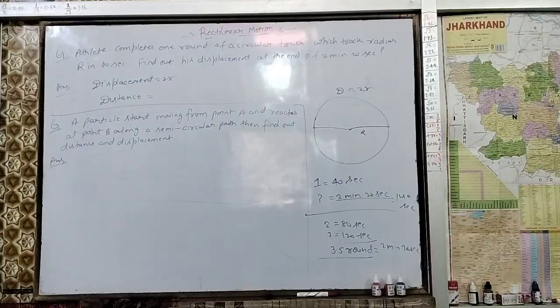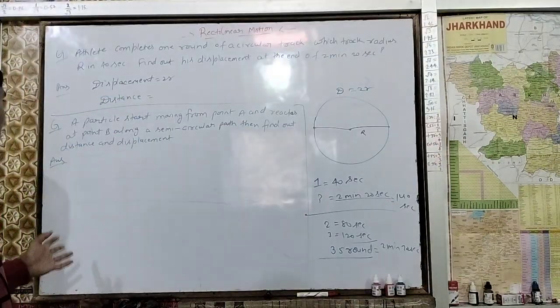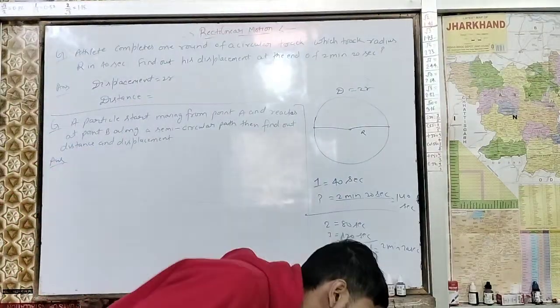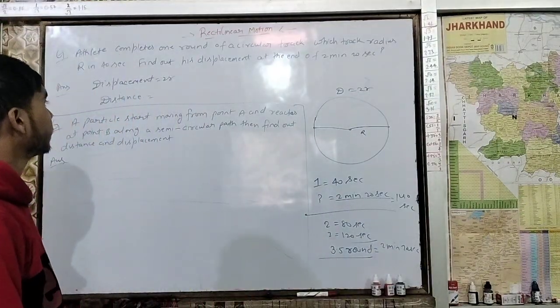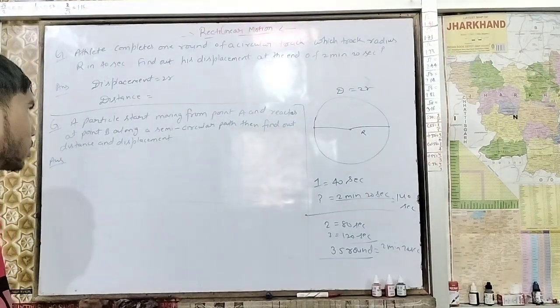Try to understand this statement. A particle. Right now we have a particle; in the previous question we had a person. A particle will start moving from point A and reach point B along a semicircular path.